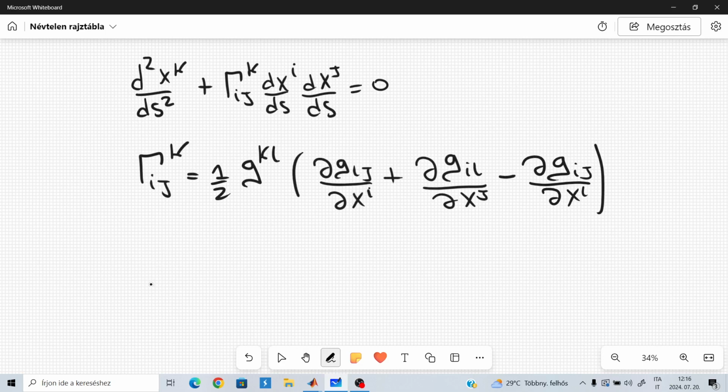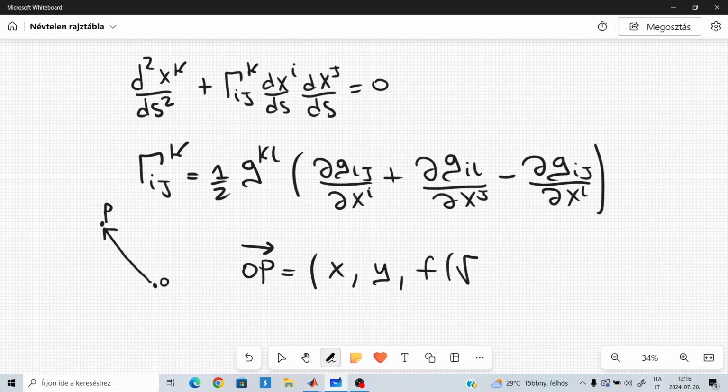So, for example, we have an origin O, and we describe a point P lying on the surface. So we want to describe the vector OP, which has 3 coordinates because we are in 3 dimensions, but we only have 2 parameters. For example, x, y, and then we have f of the square root of x squared plus y squared.